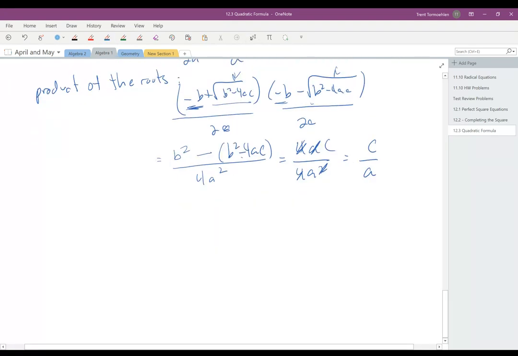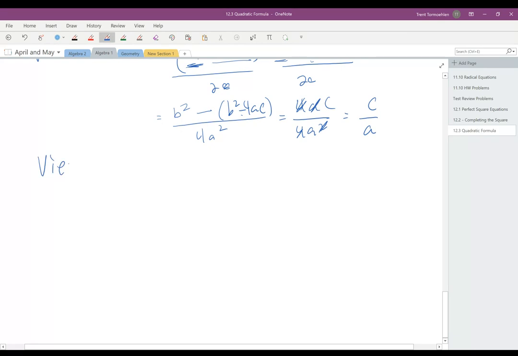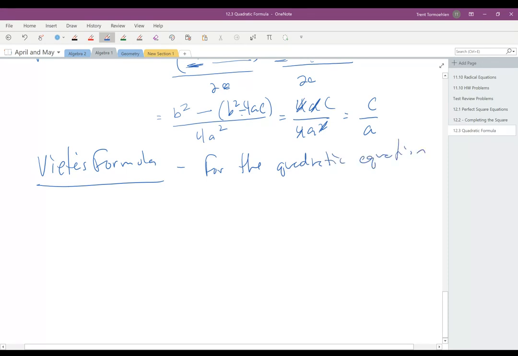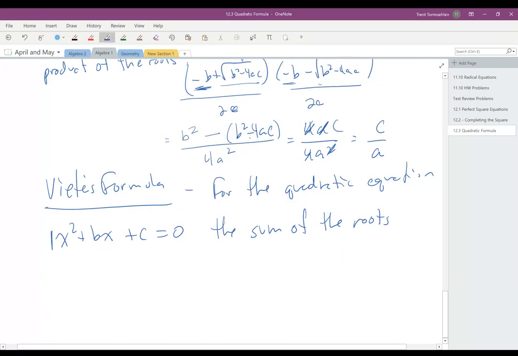And we can generalize it even further when we say a equals 1. And so Vieta's formula says for the quadratic equation x squared plus bx plus c equals 0, the sum of the roots, well, notice this is exactly the same problem I did here, except that I had a equal 1 instead of a.